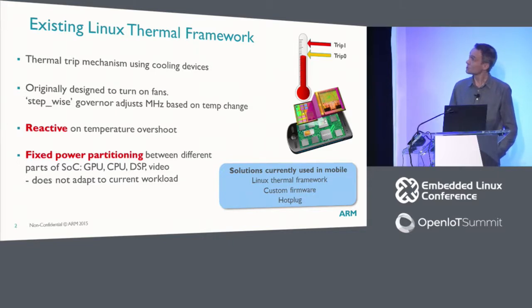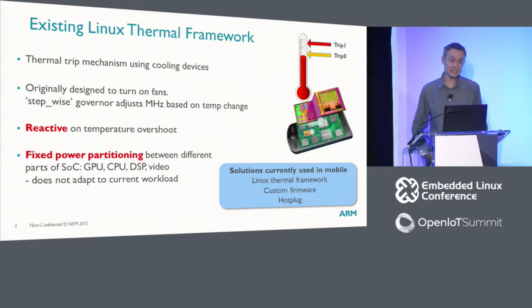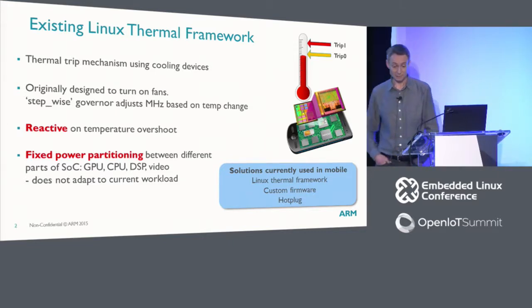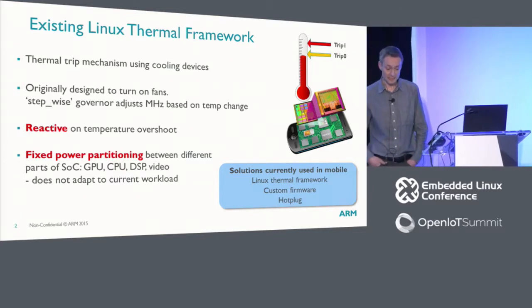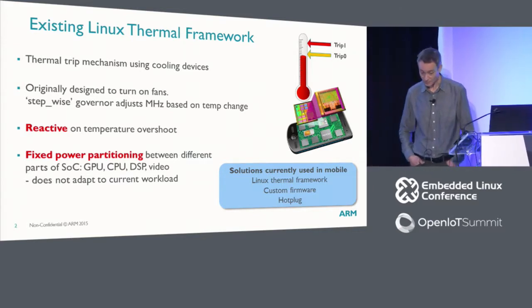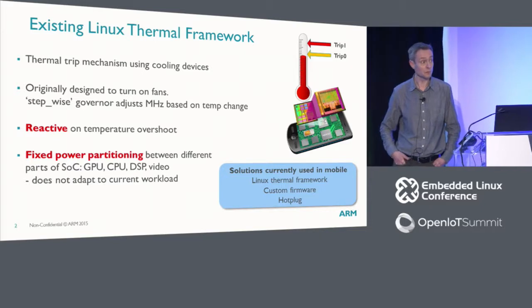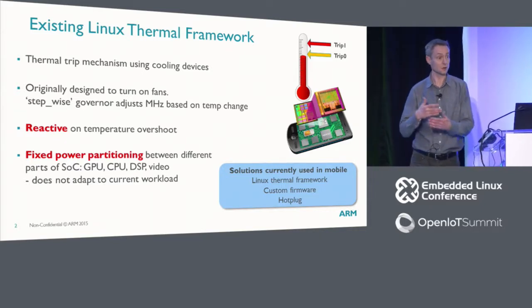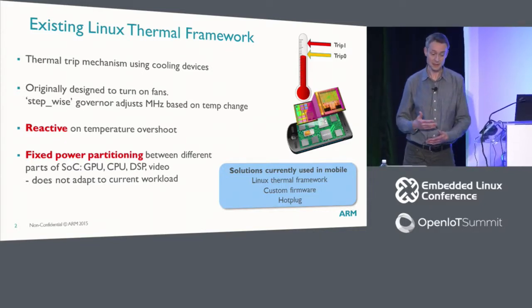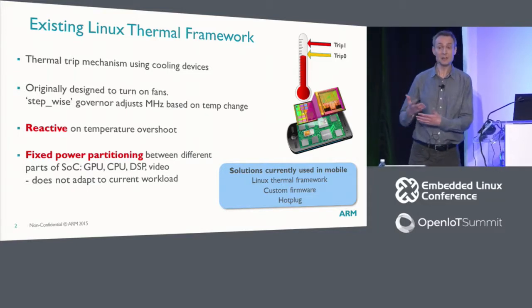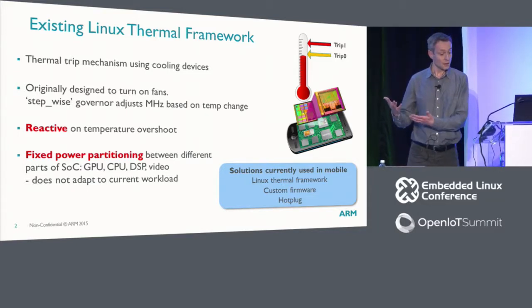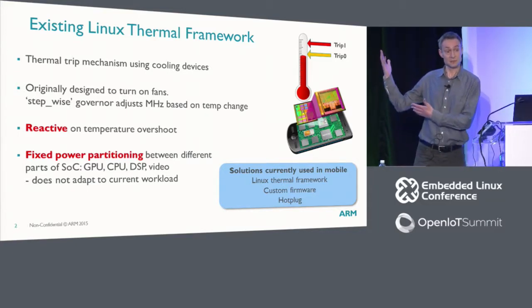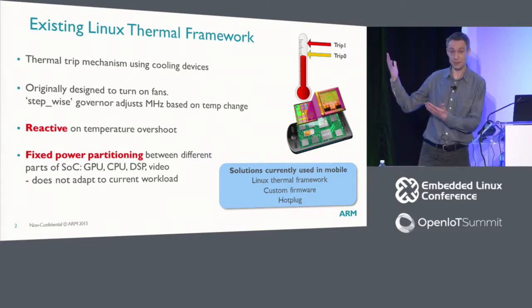Just a bit of background. The existing Linux thermal framework is a mechanism that evolved from driving fans on CPUs and GPUs, but it's been extended. Typically it has trip points associated with a cooling device.